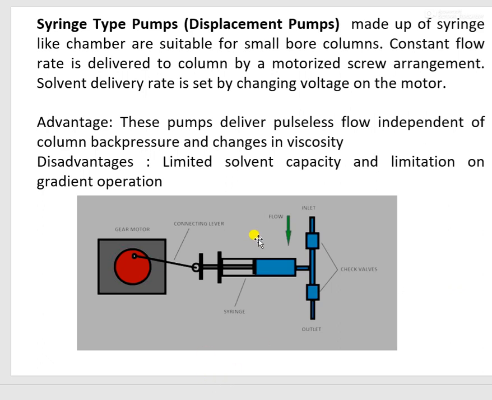So again it is almost similar. There is a motor driven lever, and this is a very small chamber. When the motor is running, this piston will have back and forward movement.